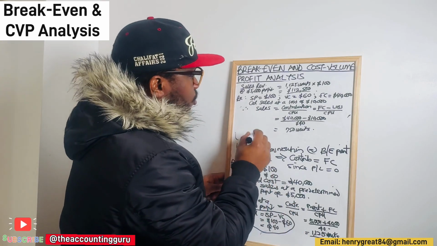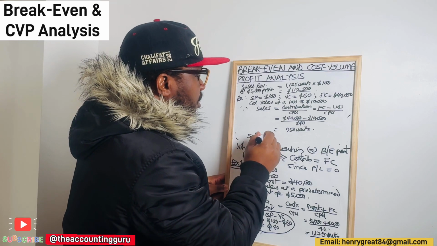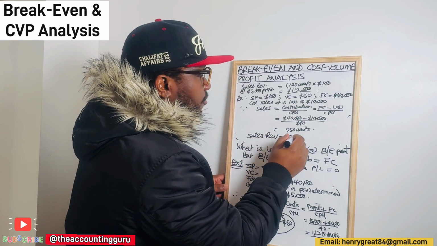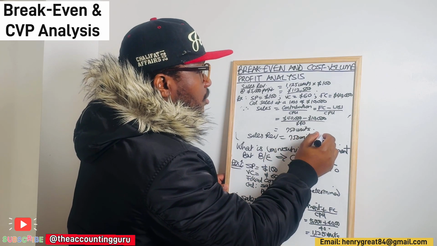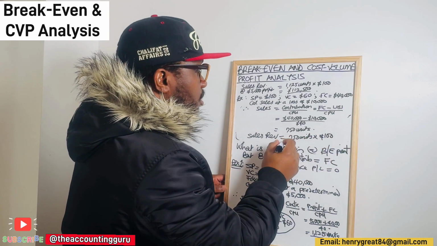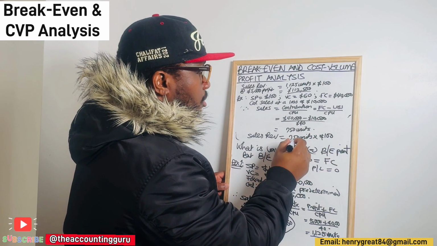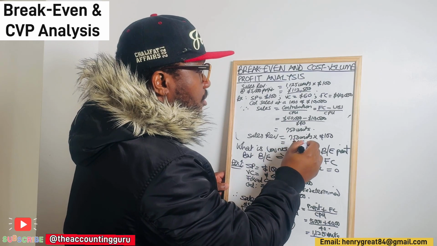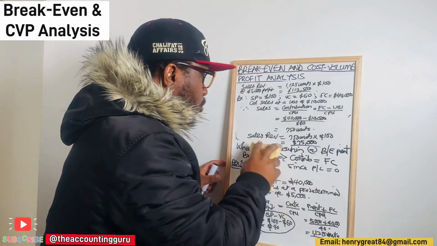So to get sales revenue, you say 750 units times $100. This will give us $75,000. I hope this is clear.